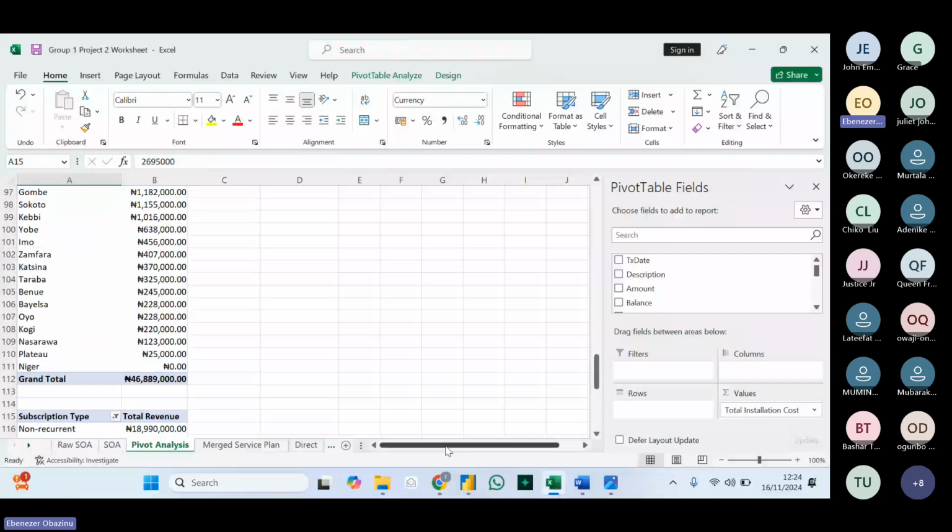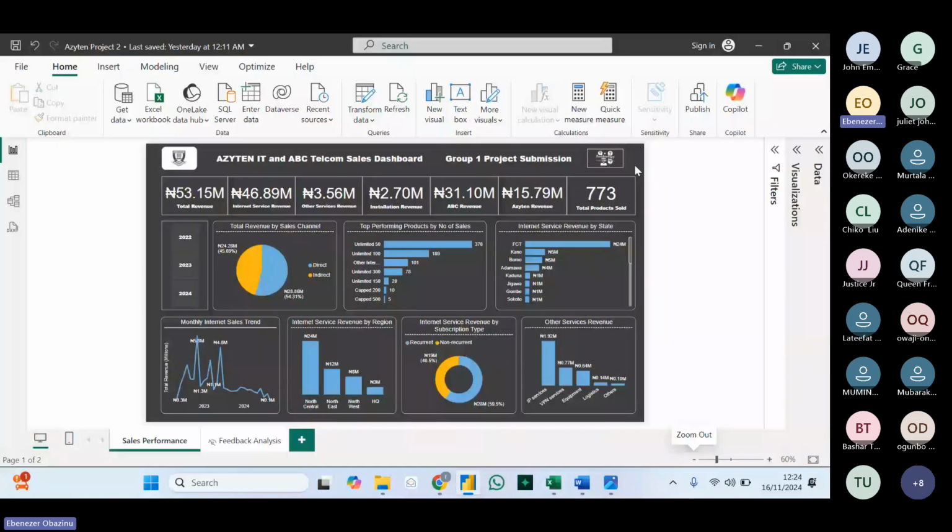So we went ahead by creating a little dashboard for this project. In this dashboard now, we can see that total revenue stands at 53.1 million. These are just KPIs that we were able to derive based on the ask and based on the data set that was given to us.